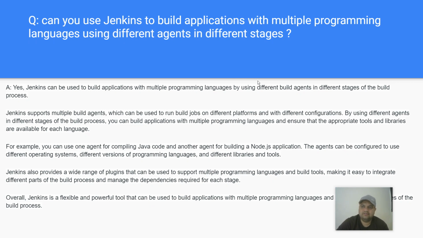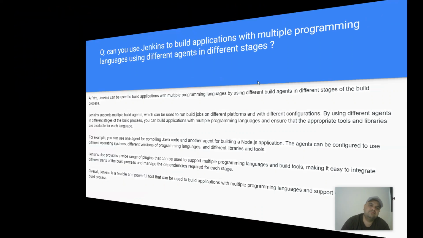In this scenario, suppose in your project there are three languages. One is Python, second one is Java, third one is something else. At that time we use this multi-language approach. The agents and staging concepts help a lot. Let's move to the next question.